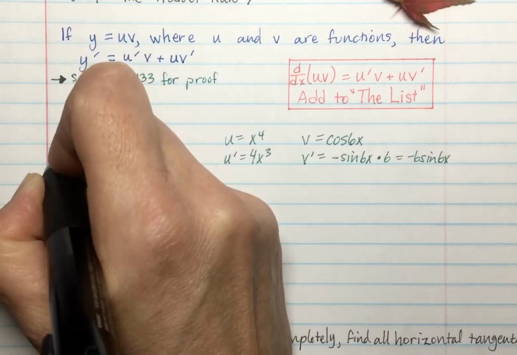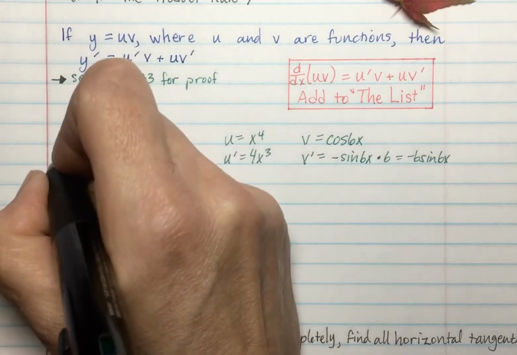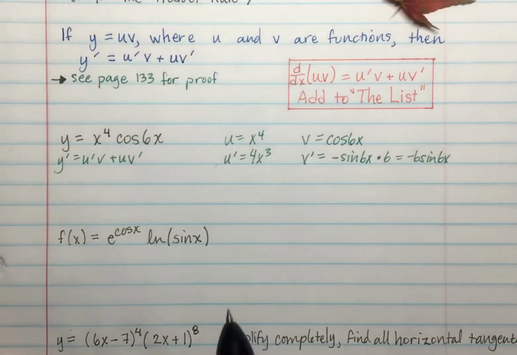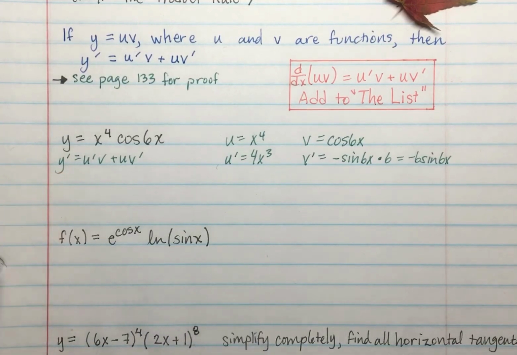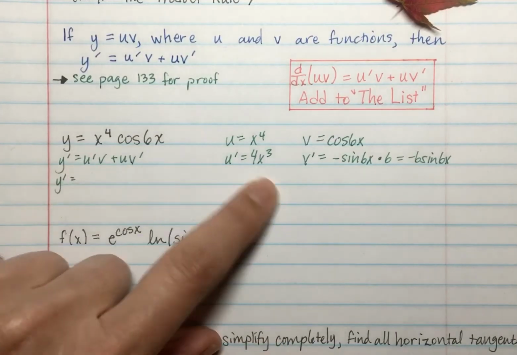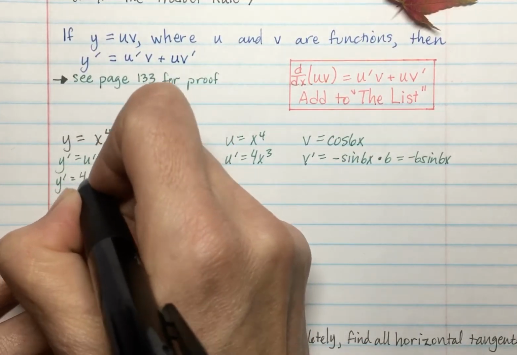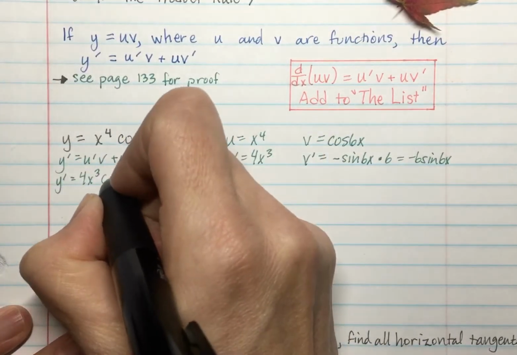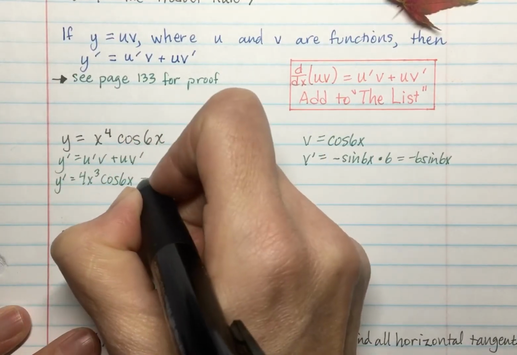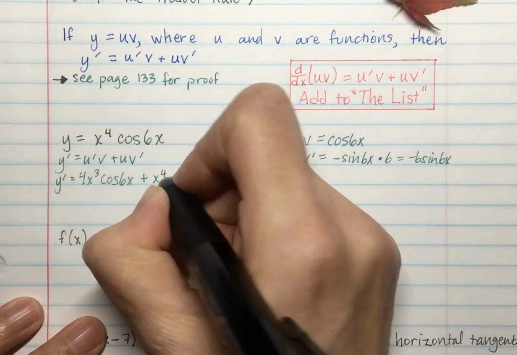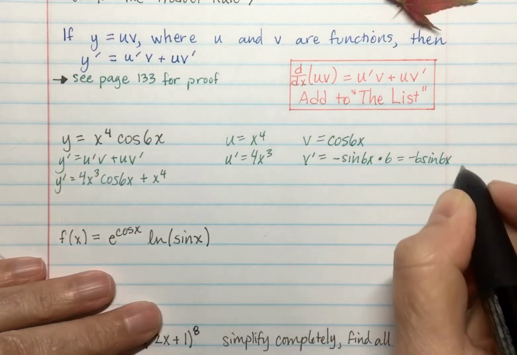If you have your product rule written right underneath here, y prime equals u prime v plus uv prime, it's kind of nice to have that there your first few times, because that way you can just point to it and go, okay, for this first guy, I have u prime, that's 4x cubed, I write it down, times v, the cosine 6x, and then plus u, which is x to the fourth, times v prime, which is negative 6 sine 6x.